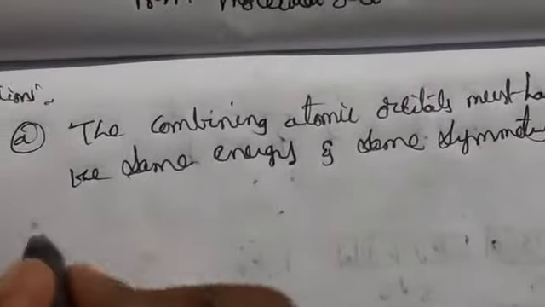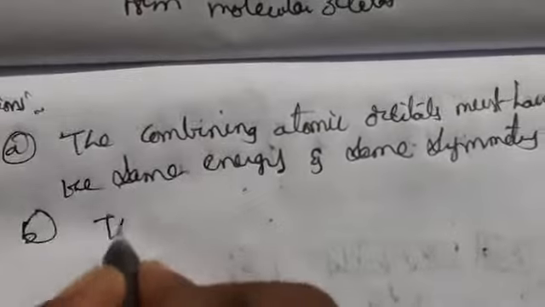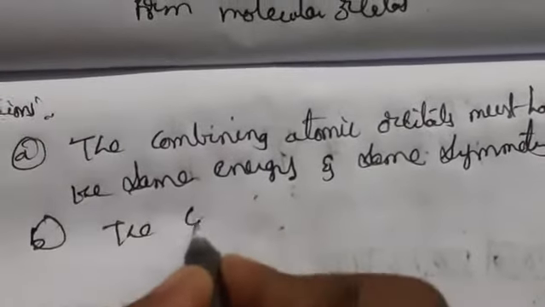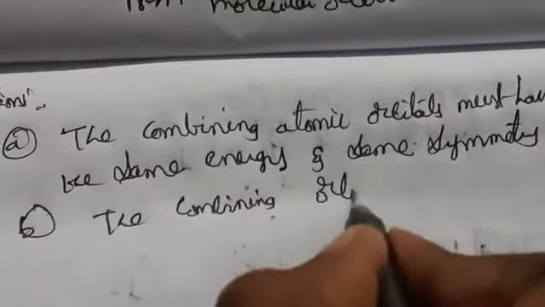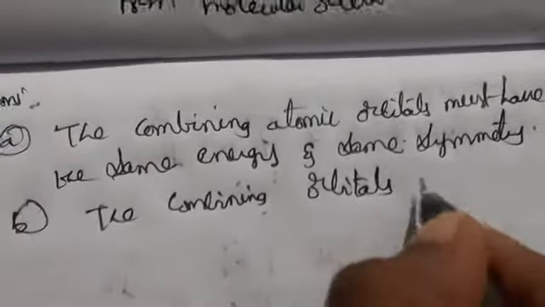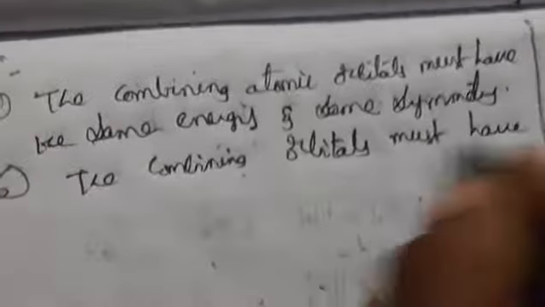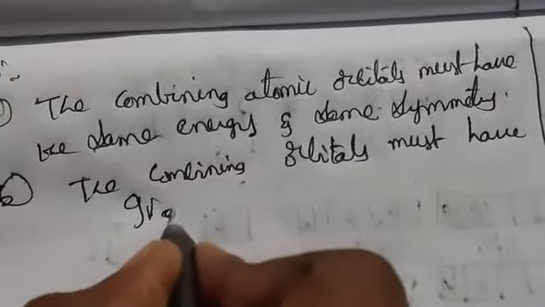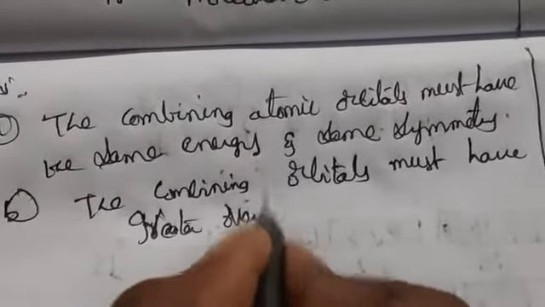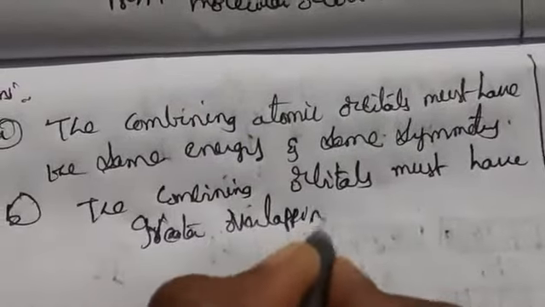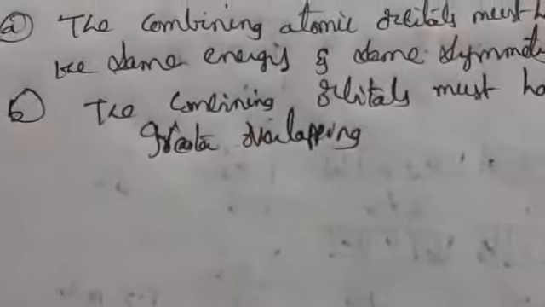Okay, and what else should they have? The combining orbitals must have greater overlapping between the molecules, we can say. Okay, so this is about that.